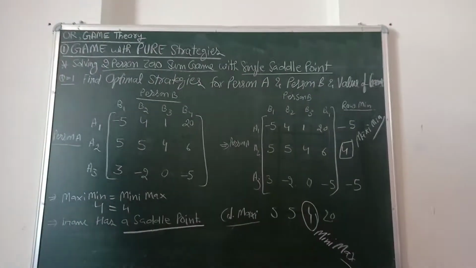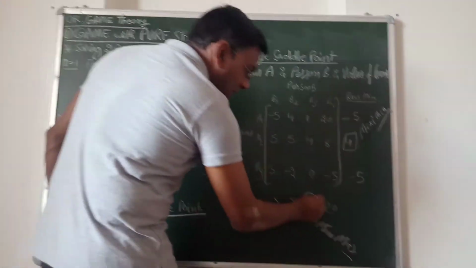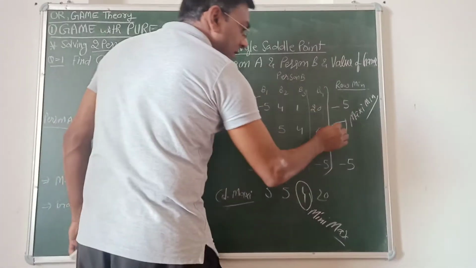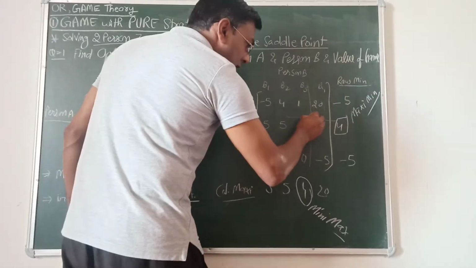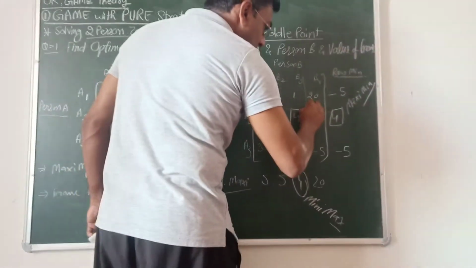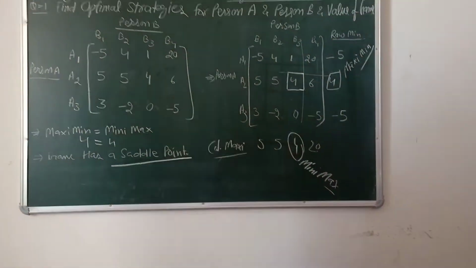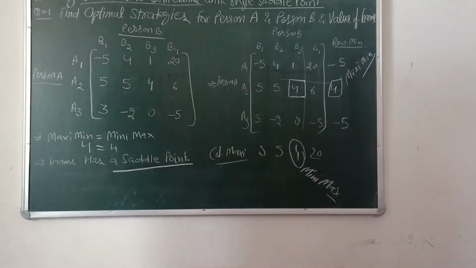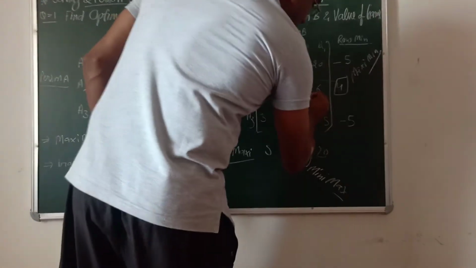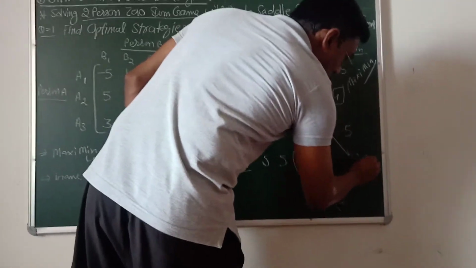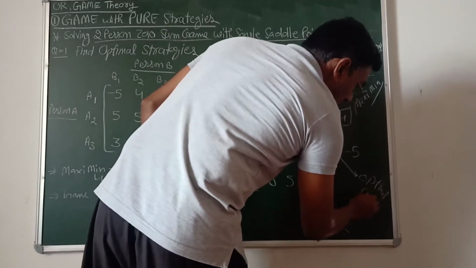Okay, saddle point. Now which is the saddle point? As you move upwards, and from here, you will see that there is a cell which arises due to the crossing of the two lines. Okay, so this is the optimum cell, optimized cell.